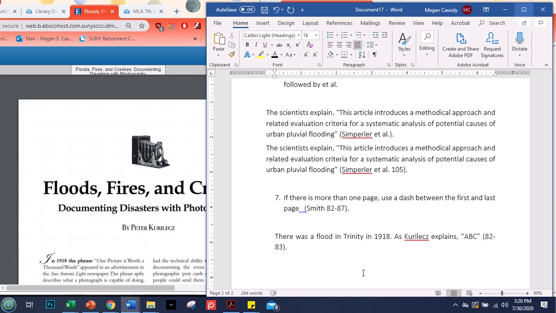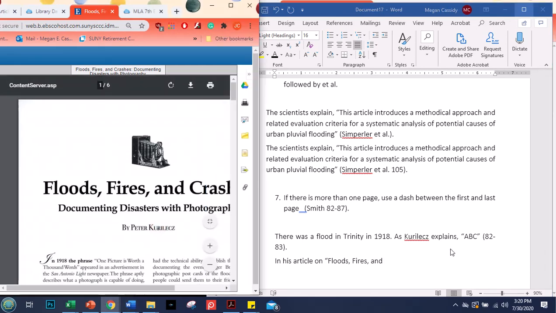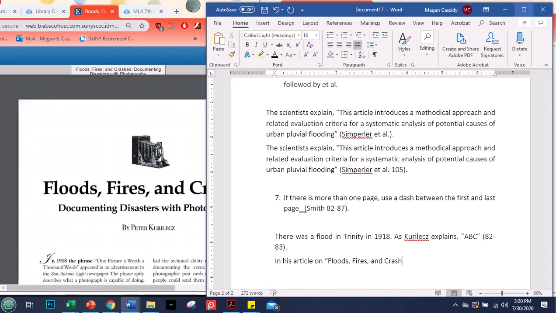Now, if I want to do a summary, not just a quote that goes from one page to another, but let's say I'm summarizing this whole article. In his article on floods, fires, and crashes, Peter Kurlitzek describes various disasters that have happened throughout the history of the United States.